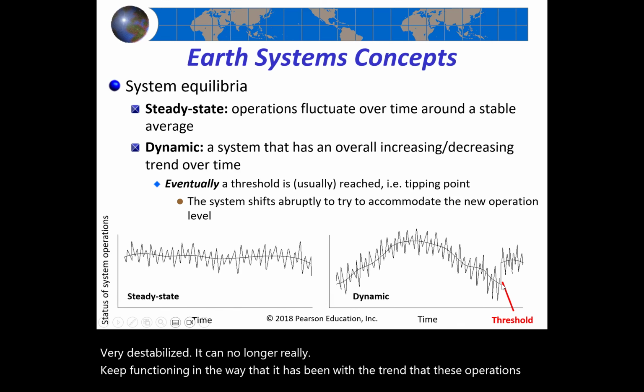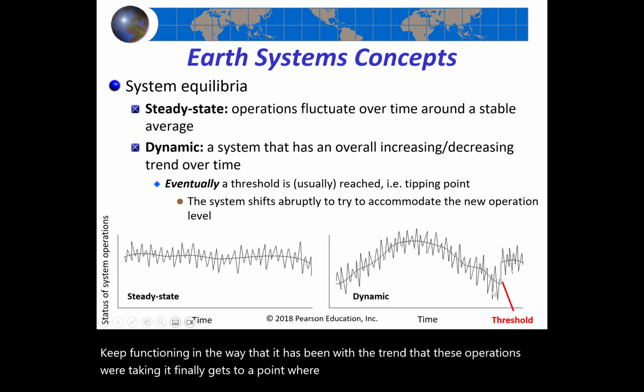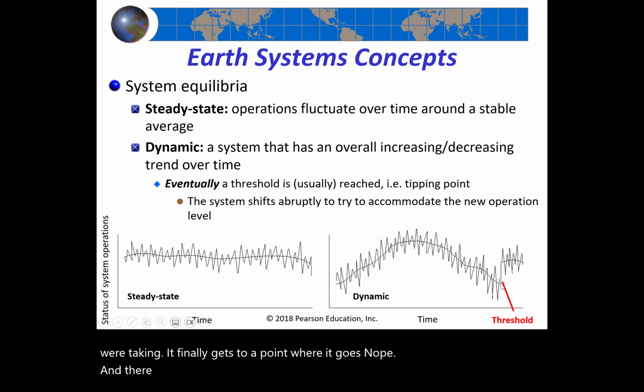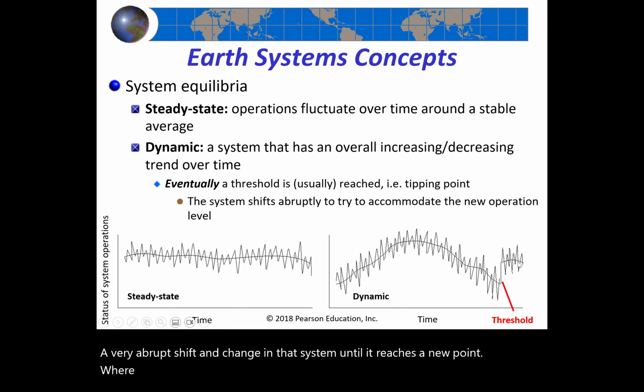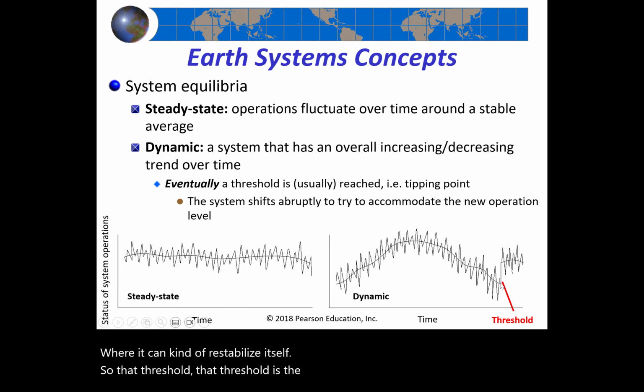It finally gets to a point where it goes, nope, and there can be a very abrupt shift and change in that system until it reaches a new point where it can restabilize itself. So that threshold is the point where the system is no longer stable.